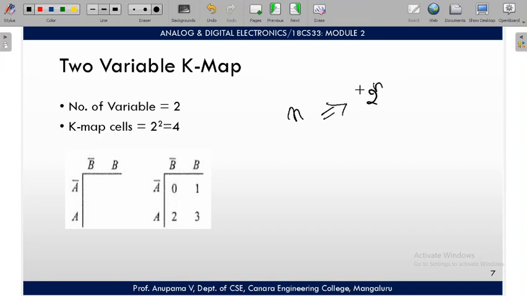In the two variable Karnaugh map, the first variable is written vertically as A complement and A, and the second variable B is written as B complement and B in horizontal form. So, these 0, 1, 2, 3 indicate the locations of the minterm values to be written in the Karnaugh map.